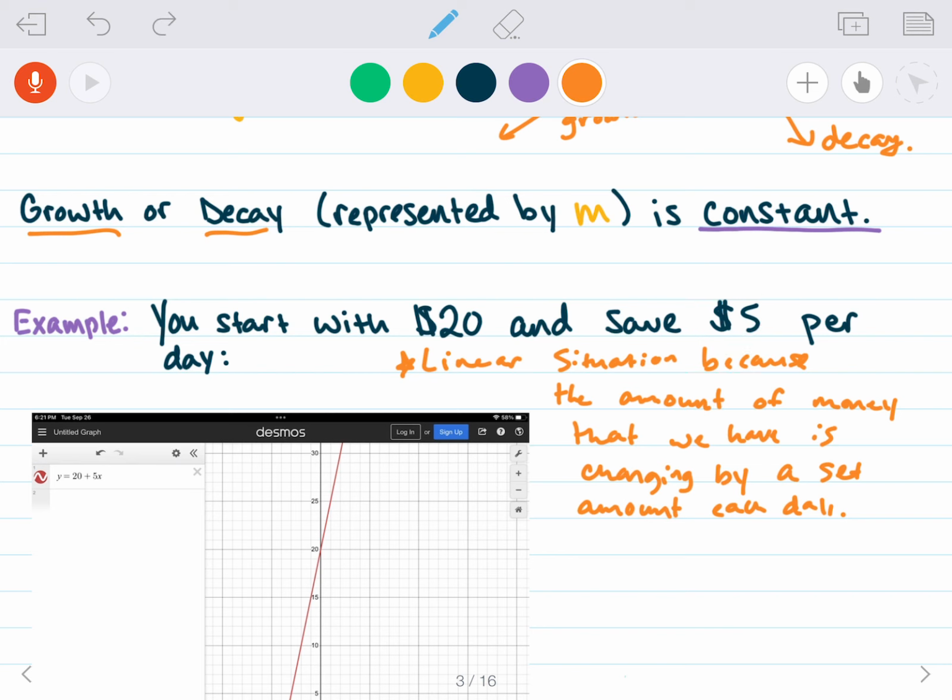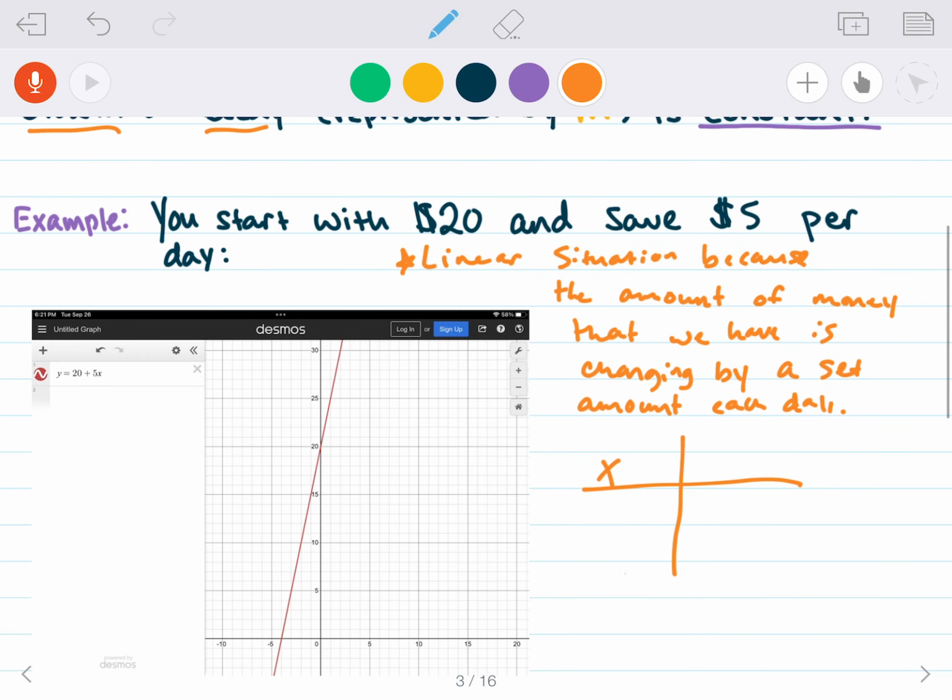So, if we were to make a T-chart for this, a little XY chart, well, if we're thinking about our X as our days, maybe we can call it D, and then Y could be the money. On day 0, we had $20. On day 1, we saved 5, so we had $25.